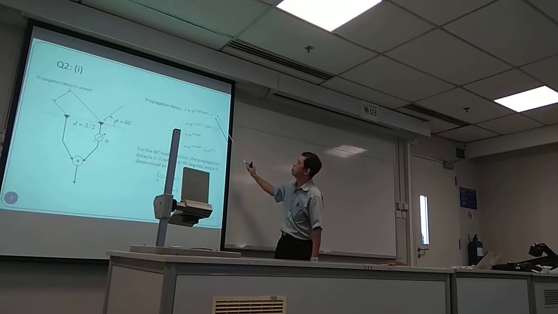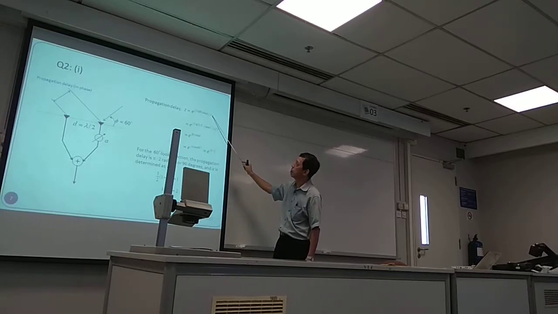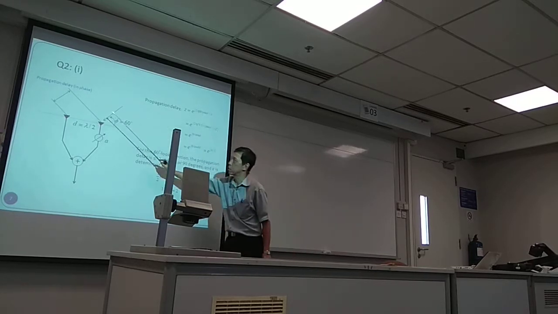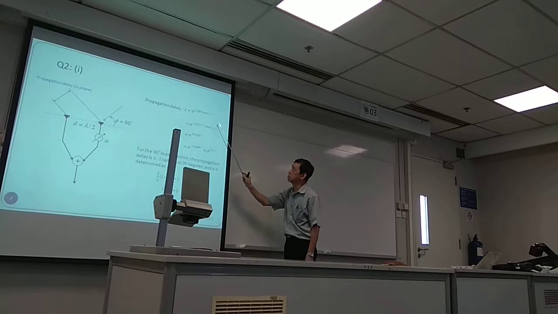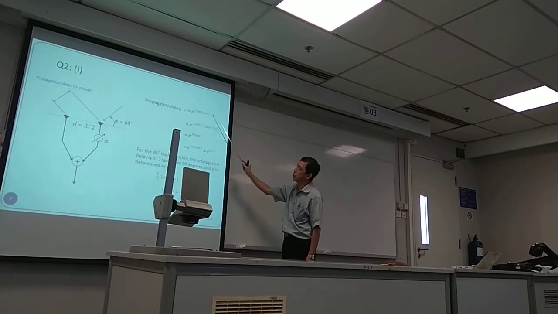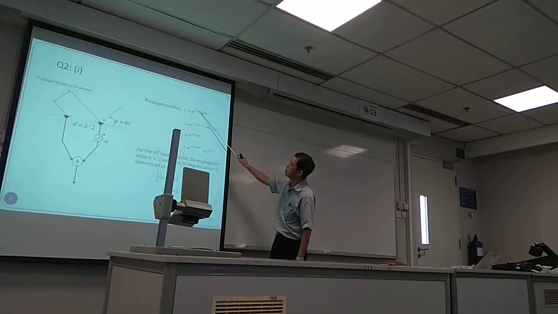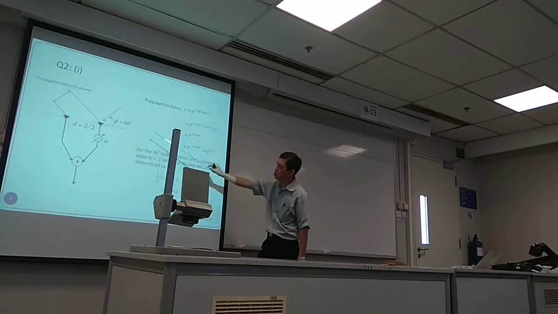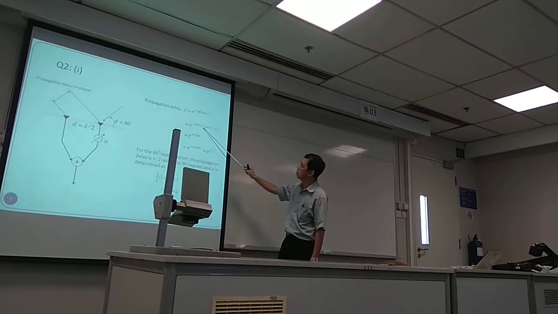And the distance d cosine phi divided by speed of propagation, and that gives you the time taken for the wavefront to travel from one end to the other end. Alright, so this is the propagation delay. So with that, we know that the inter-element spacing d is given to be half lambda, so that's why over here you see with 0.5 lambda.